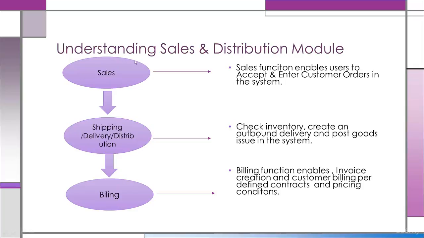In the first step, the sales is generated, right? Sales in the sense the sales function will enable the user to accept what they need and then enter the customer orders in the system. For example, if it's a manufacturing company, when some kind of request is sent from a customer, you need to know what they need and the customer orders, right?